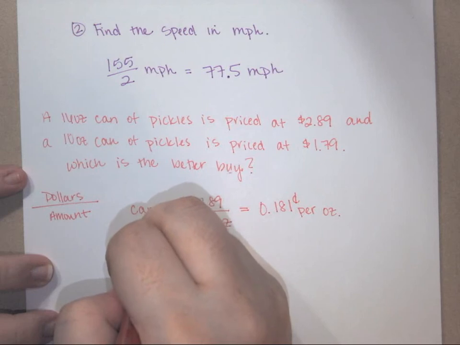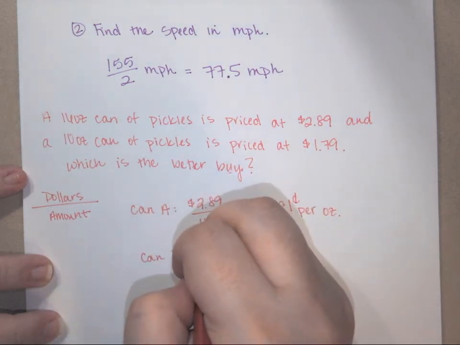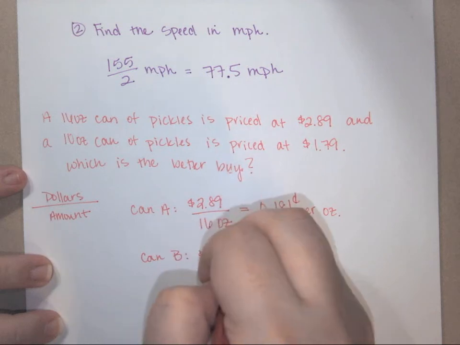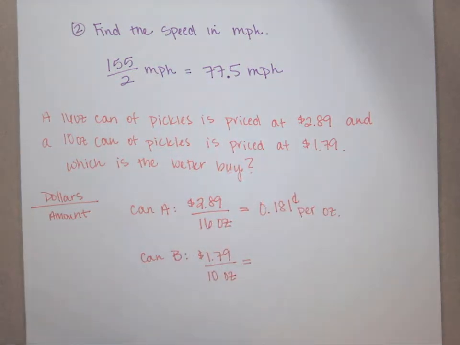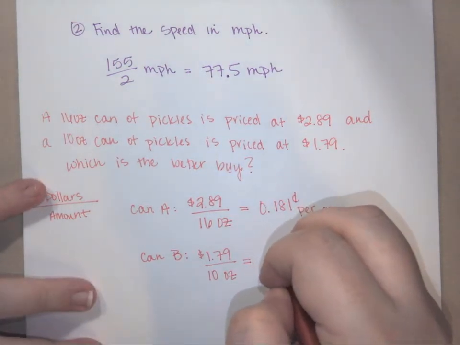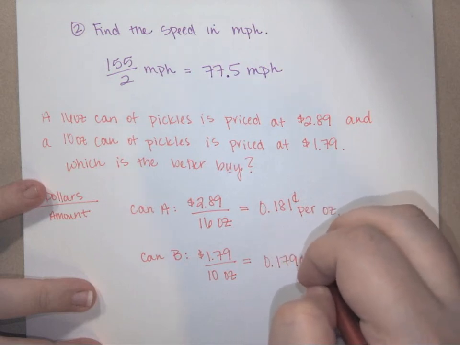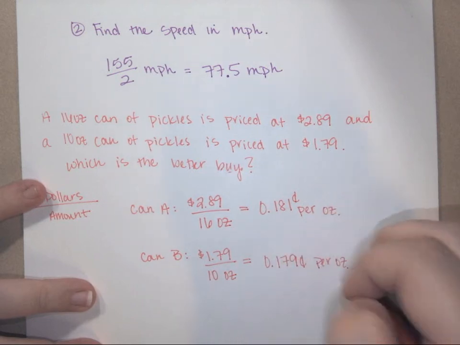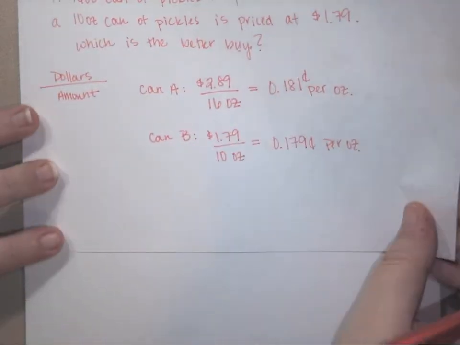When we're looking at can B, here we would have $1.79 per 10 ounces. When we divide that one out, we're going to have 0.179 cents per ounce. So to know which is the better buy, you want to look at which one is cheaper.